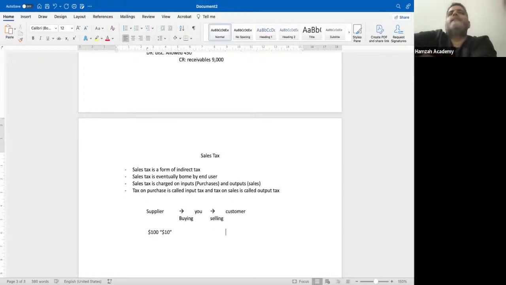So obviously you will sell them at a higher value. Let's say now you sell these goods to the customer for 150, and in this 150 there is a $15 tax in it, right?